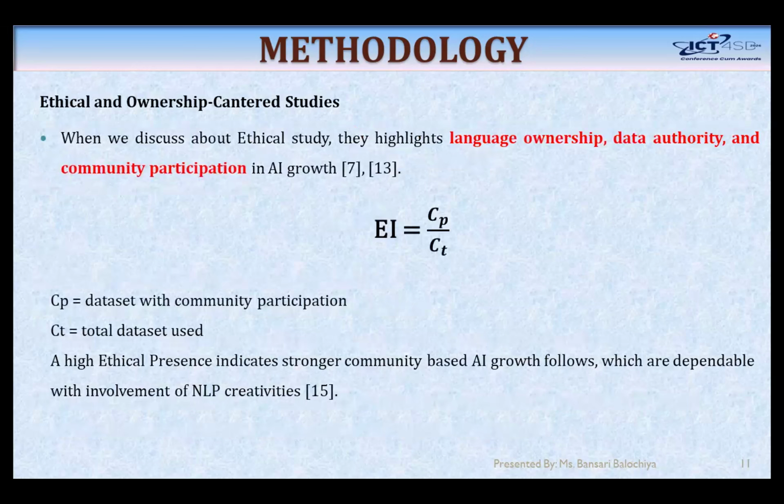They highlight language ownership only, data authority and community participation. The ethical study is described as CP divided by CT, where CP is the dataset with community participation and CT is the total dataset used. A high ethical presence indicates stronger community-based AI growth, which is dependable with involvement of NLP creators.